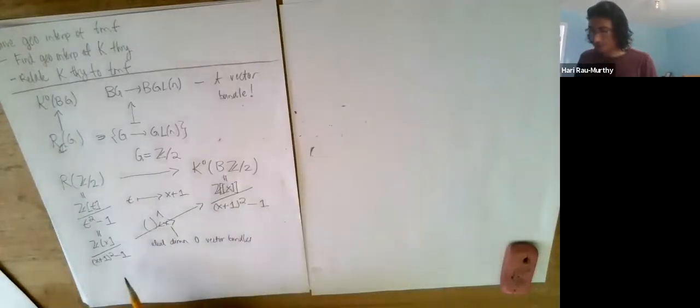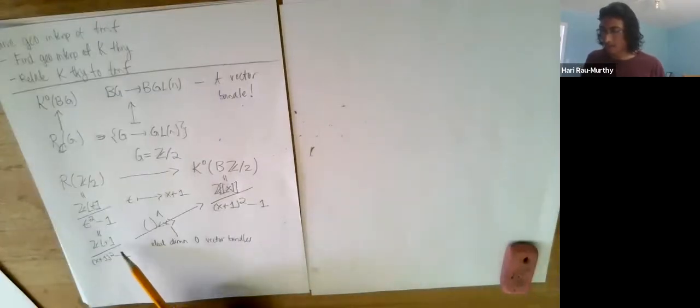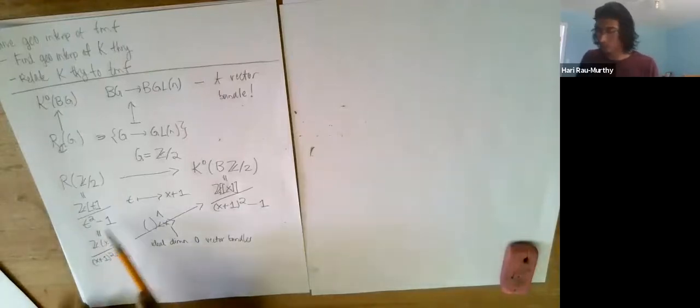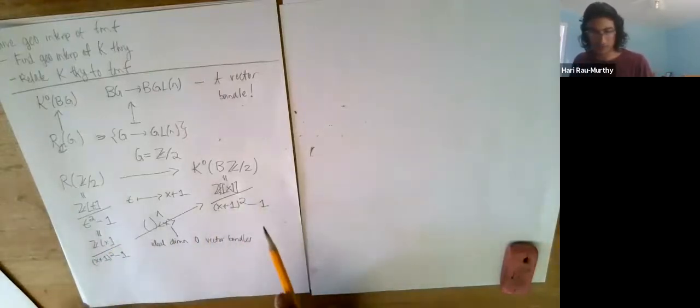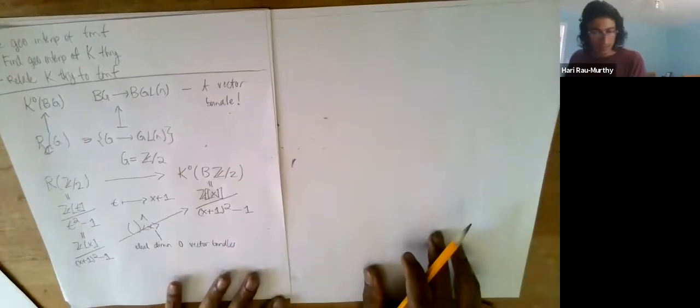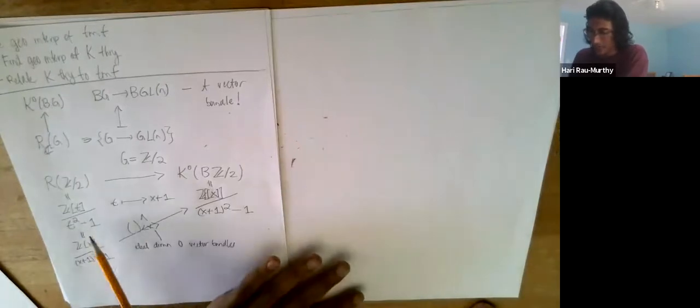So when you complete at the ideal generated by dimension 0 vector bundles, you get an isomorphism from the representation ring to K theory. Now, I'm trying to write down the K theory of BZ mod 2 in terms of class functions.